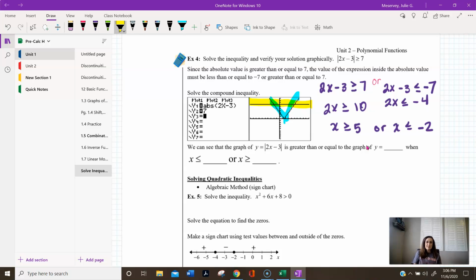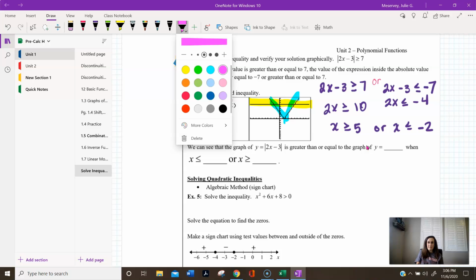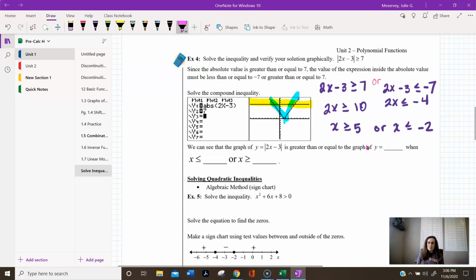If you look at this number line, we see x is greater than or equal to 5, which is this part. Here's your greater than or equal to 5, or less than or equal to negative 2. Looking at where that absolute value is greater than or equal to 7 would be looking at this part of the graph and this part of the graph.